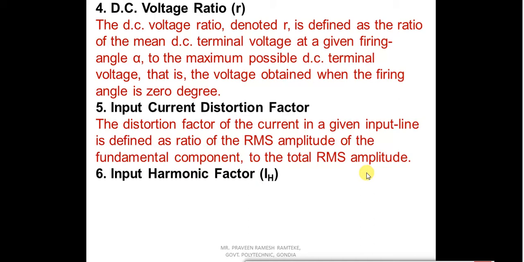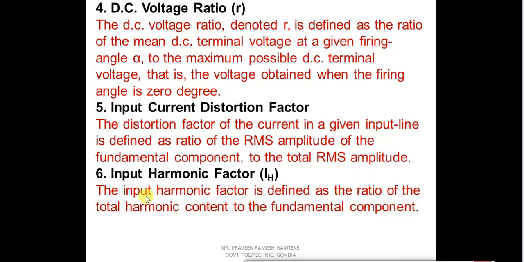Input harmonic factor, I suffix h. Input harmonic factor is defined as the ratio of total harmonic content to the fundamental component. So now there is a summation of all the harmonic content and the fundamental component. The ratio of this total harmonic to the fundamental is called the input harmonic factor.